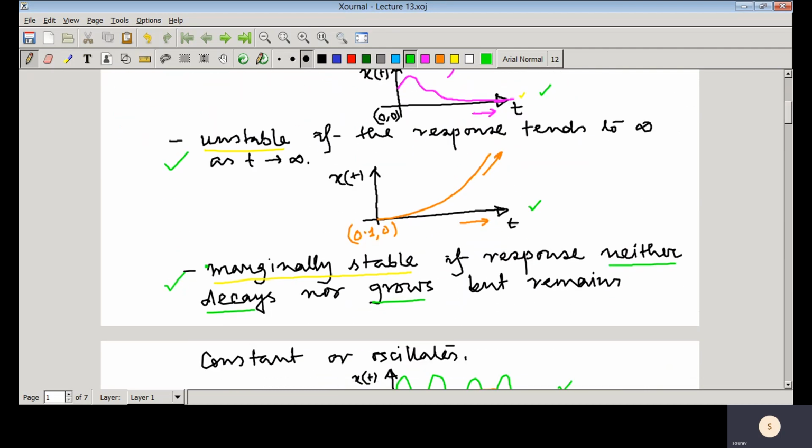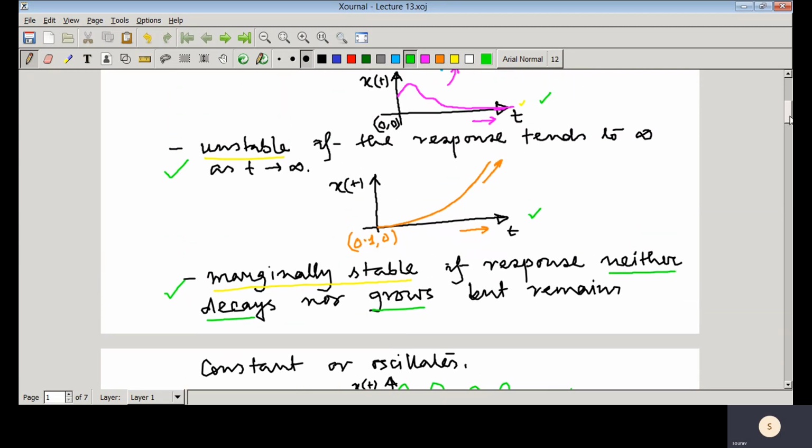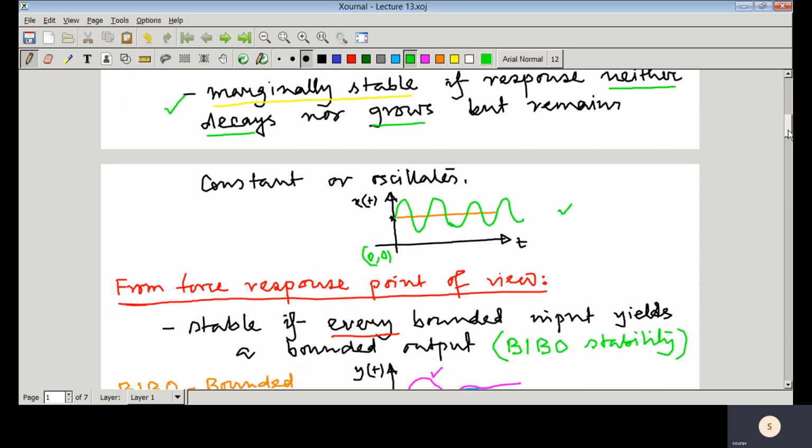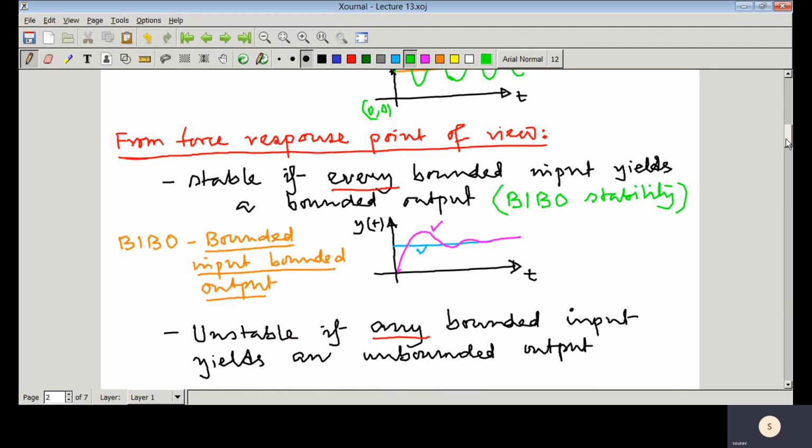In the case of marginally stable, it neither decays to 0 nor grows, but it remains constant or oscillates. So three different notions we have seen from the natural response point of view, and from the forced response point of view we get two definitions. One is stable, which is called BIBO stable, bounded input, bounded output stability. Another one is unstable.